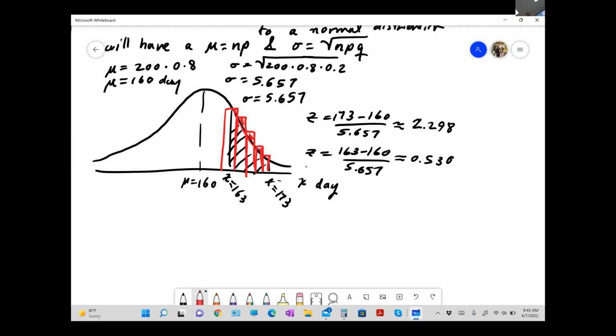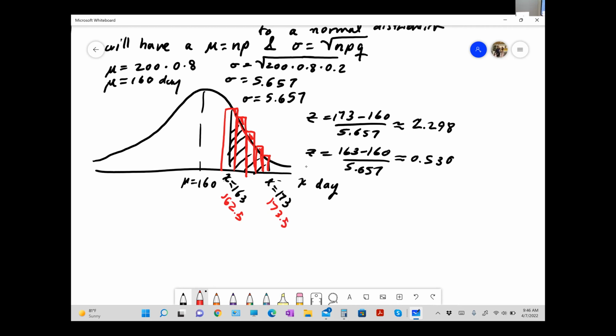You open it a little bit more to make up for that loss. It's still an approximation though. There's a few methods to do it, but it doesn't matter. So instead, you make this 162.5, and then you make this 173.5.